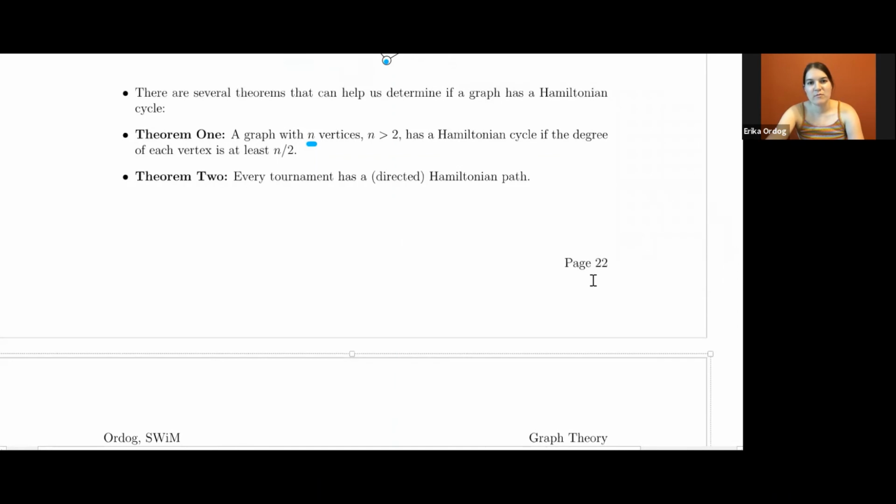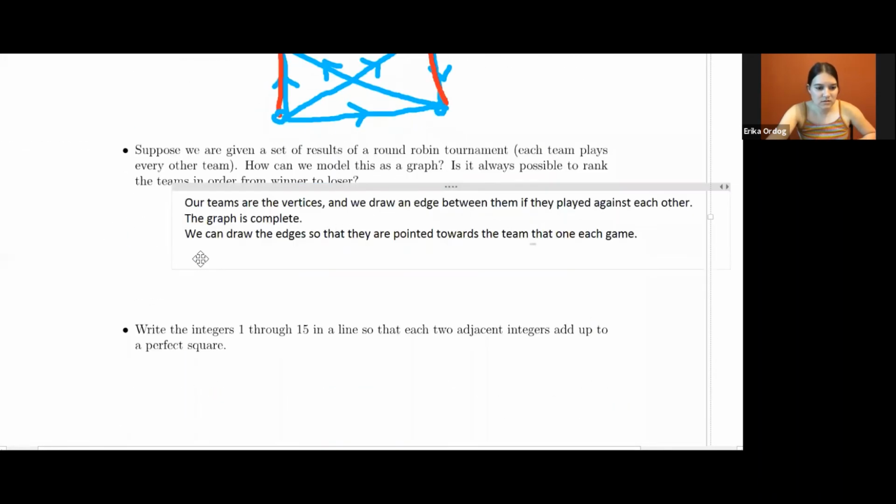So we'll have a path in there that includes all of the vertices. This directed Hamiltonian path would, in theory, rank all of the teams. So this is a tournament, so it has a directed Hamiltonian path by theorem 2.